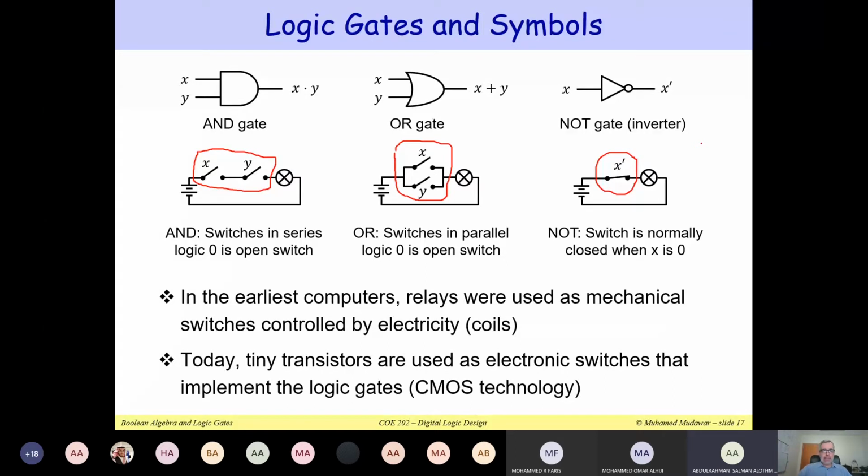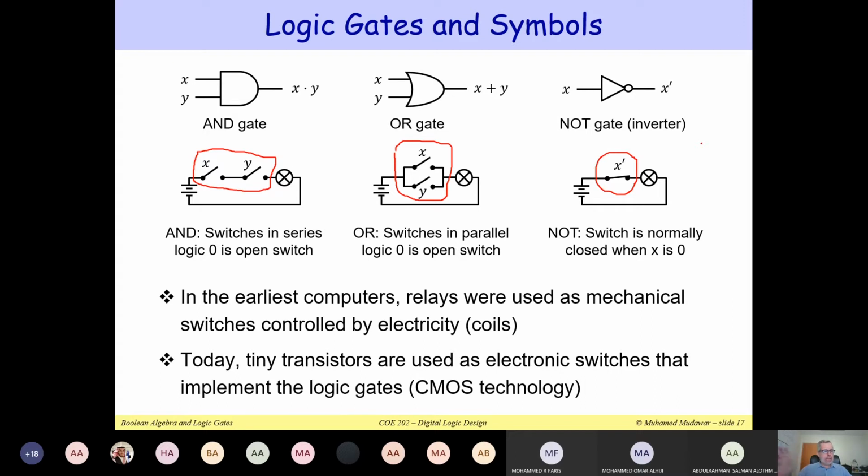So the NOT gate, by default, is a closed switch. So if X is equal to 0, if you don't apply any voltage at the X input, the switch is closed. And if the switch is closed, it's going to conduct electricity from the power supply, which can be like a small battery, to the output.